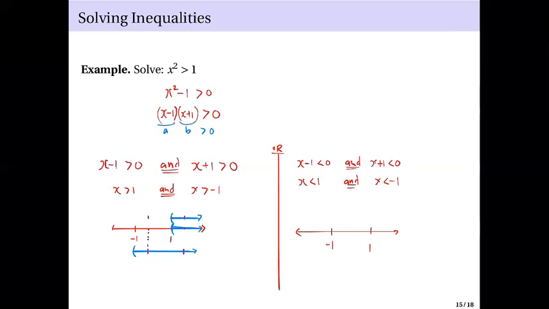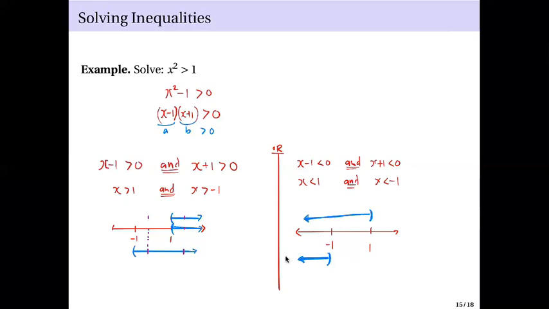So this is your 1, open parenthesis because we are strictly less than, and the direction is going to the left. These are all the possible x's. And for the other one, we have less than -1, so we have this parenthesis and still going to the left.